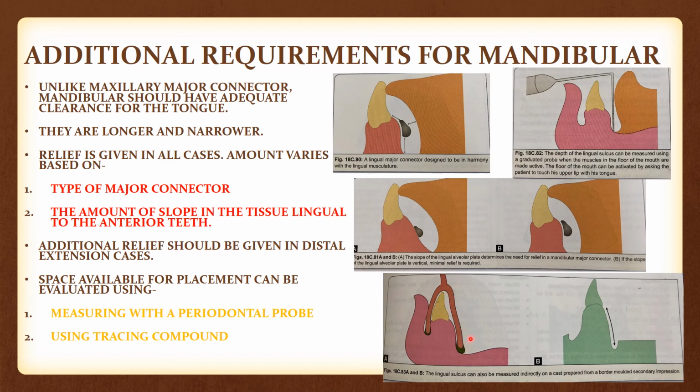After border molding, the impression is made using this tray. The exact sulcus depth and width are reproduced in the cast, and this cast is used to fabricate the framework. This is a much more complicated method, so we are not using the tracing compound method. The one we are using is measuring with the periodontal probe. So these are the additional requirements for your mandibular major connectors.